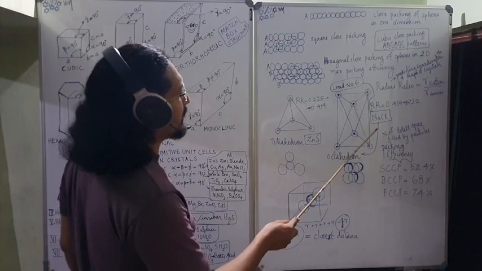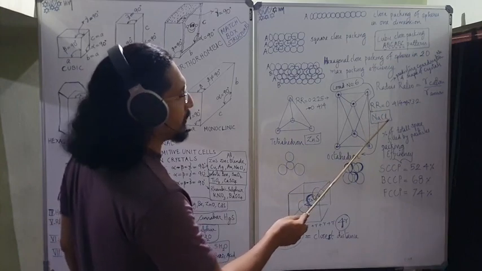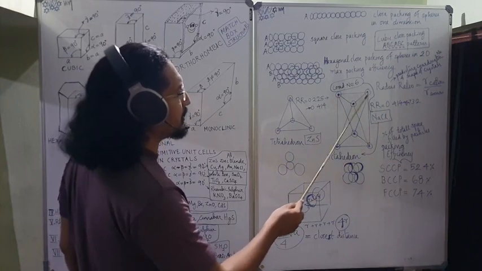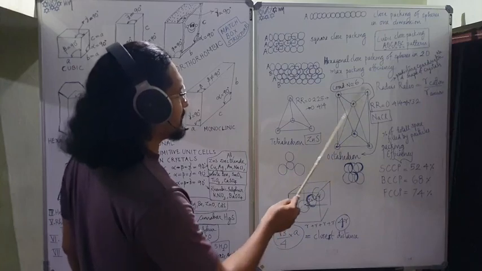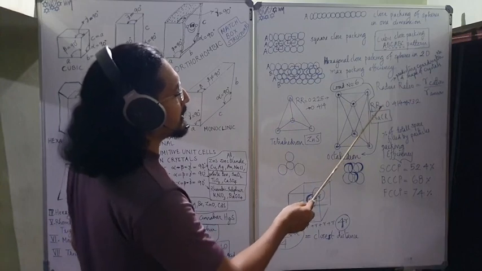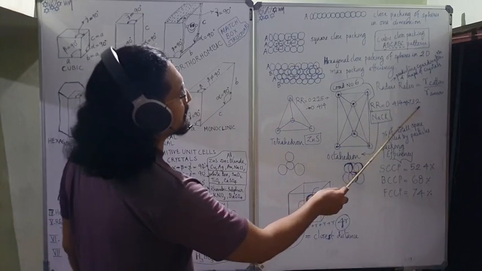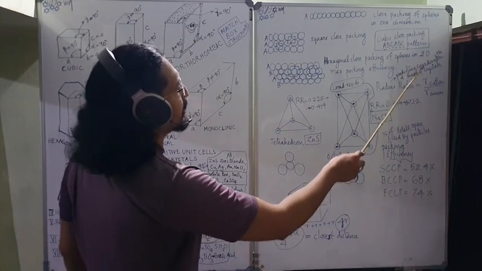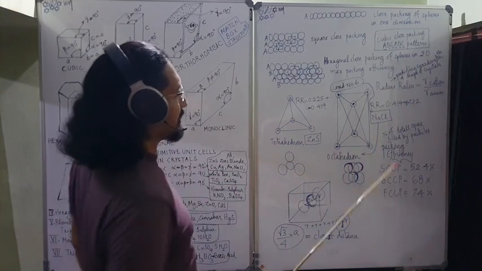This octahedron is the shape of sodium chloride, and it has coordination number 6: 1, 2, 3, 4, 5, 6. The tetrahedron has coordination number 4. The radius ratio of NaCl is 0.414 to 0.732. So by this radius ratio, we can predict the coordination number and shape of the crystal.